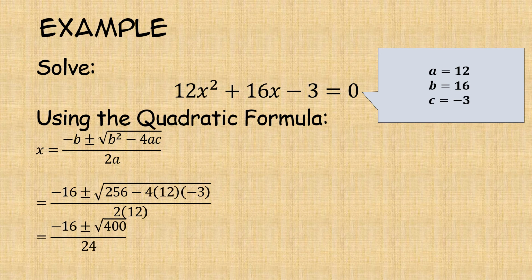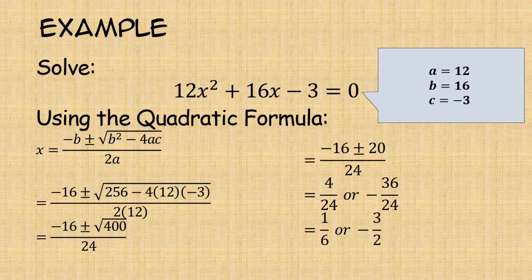So it's negative 16 plus minus square root of 16 squared, which is 256, and then you minus 4 times a, which is 12, times c, which is negative 3. That gives you 400, and then you divide it by 2 times a, which is 24. That gives you an answer of 1 over 6 or negative 3 over 2.